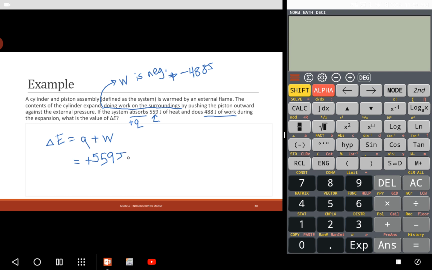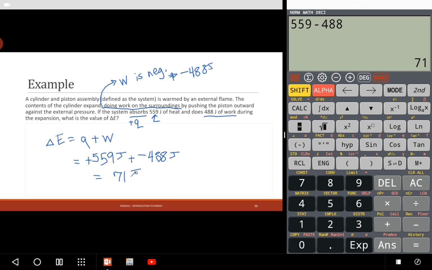And then we have a negative work value, so I'm going to write plus negative 488. If we calculate this, that is 559. When you add a negative, it's like subtracting, so that's 559 minus 488, and that is 71 joules.